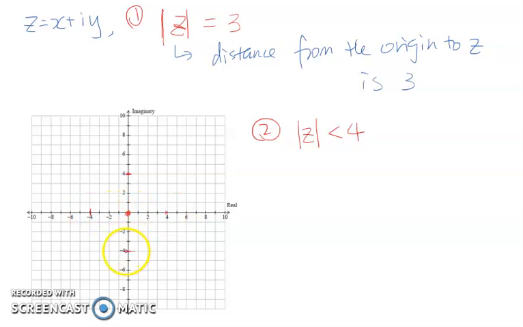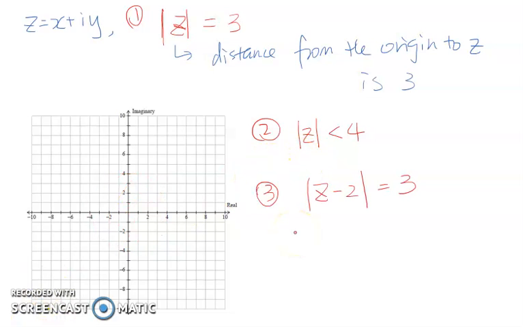But because it's less than 4, not equal to 4, I'm going to use a dotted line to create a path. And since the distance is less than 4, every single part inside this circle fulfills this condition. So therefore, this is the loci that satisfies this condition here.